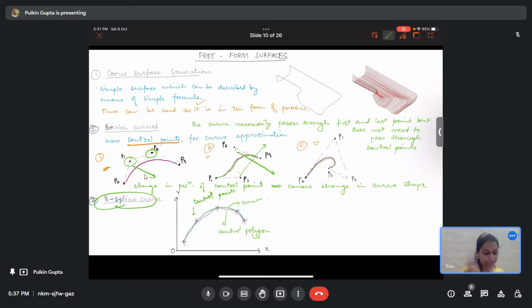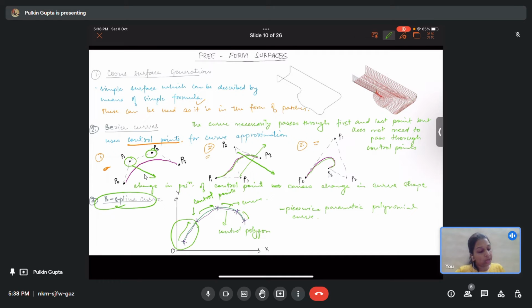Okay. Now it's B-spline curve, it generates a piecewise parametric polynomial curve. That is, this has distributed this curve into small pieces, these 4 pieces, and now each piece is approximated by a parametric polynomial.